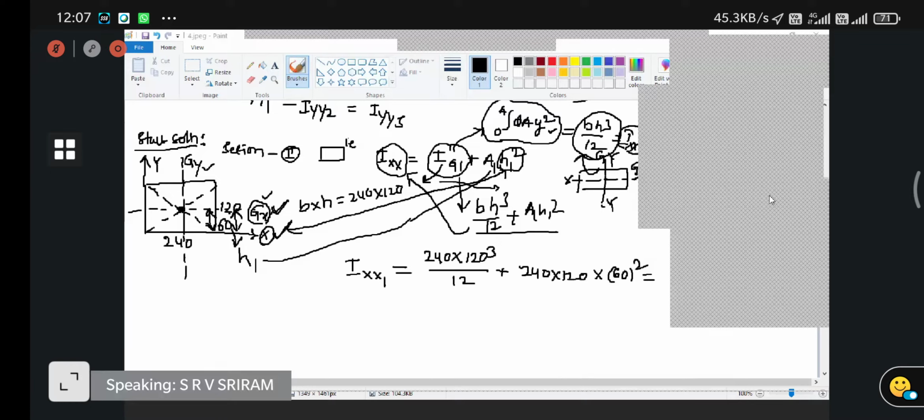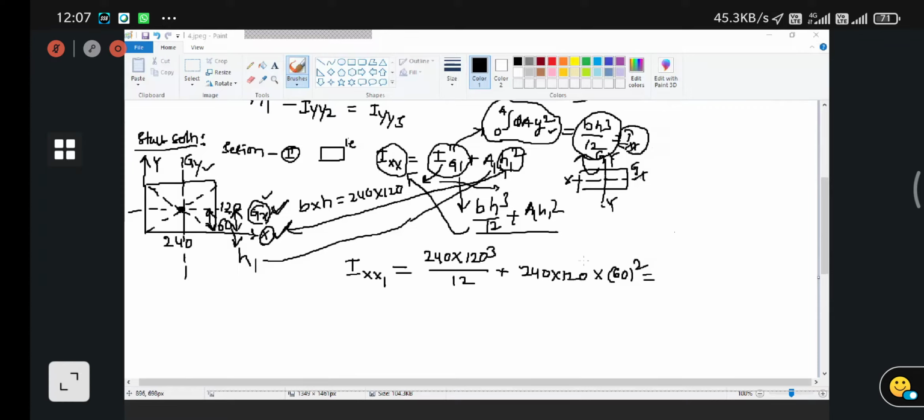The base moment of inertia for the first section about the x axis is equal to 138240000 mm⁴. So this much value I got.